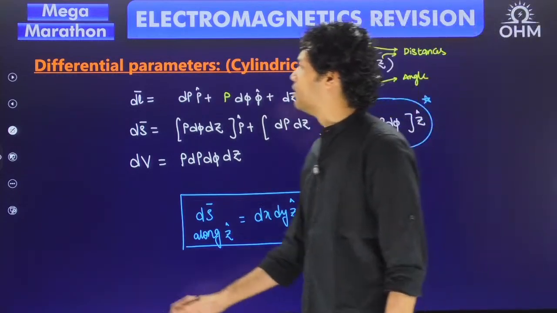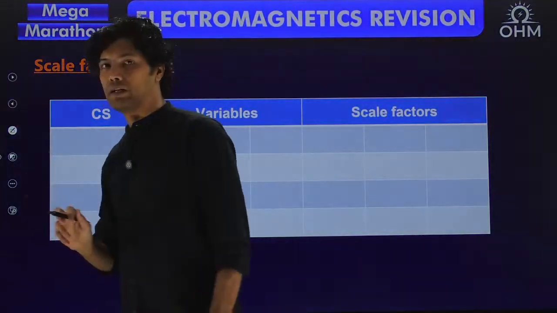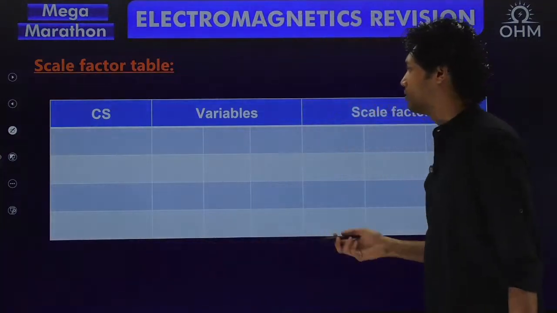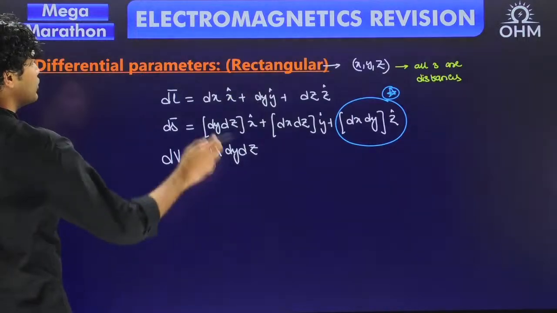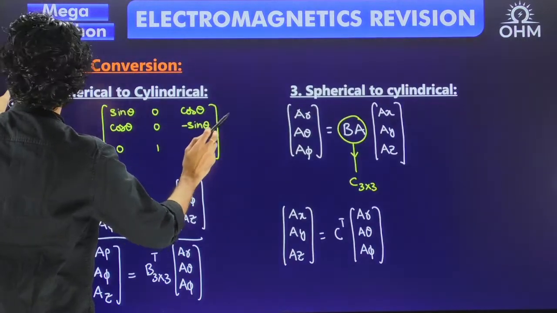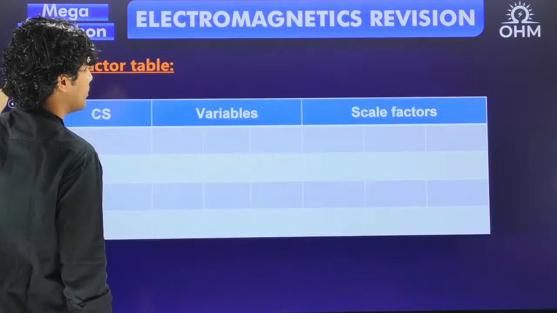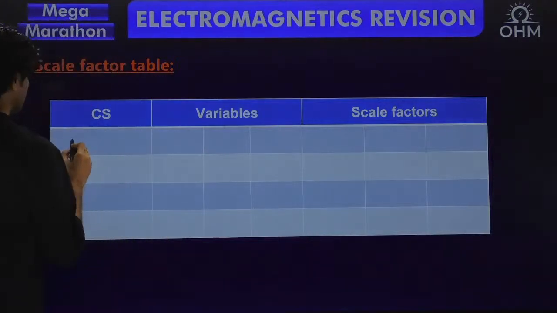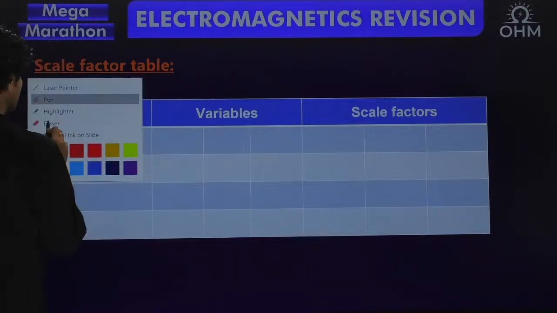Yeah. So let's go for the next one. We have a few problems right now, and finally the scale factors table. By comparing differential length in all three cases, curvilinear first, and then rectangular, cylindrical, and spherical, now we can form this table. So first you have the curvilinear coordinate system.